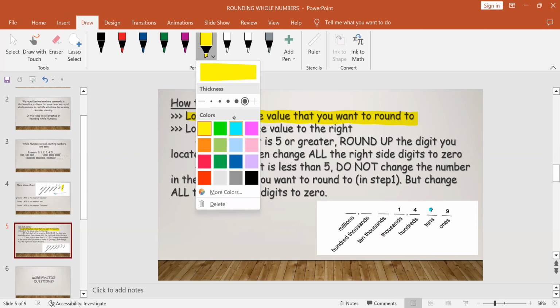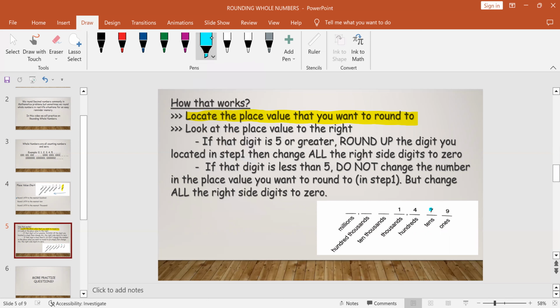After that, the next step said, look at the place value to the right. If that digit is 5 or greater, round up the digit you located in step 1. Then change all the right side digit to 0. So the step 1 is the step I highlighted here in yellow.